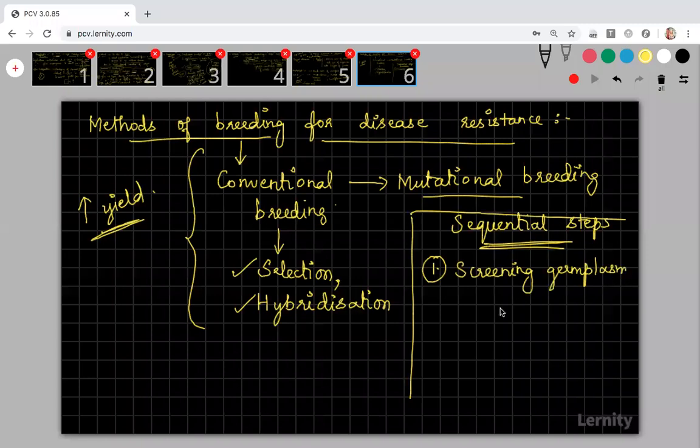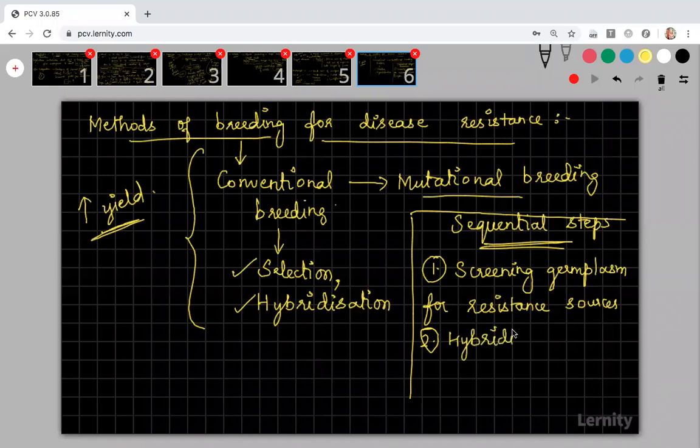The first step is collection of germplasm, right? In particular, when you are targeting a variety resistant to disease, you have to screen the germplasm for resistant sources. When you are going to create a plant resistant against disease, the germplasm collection should be screened properly for the resistant source. The second one is hybridization of parents.